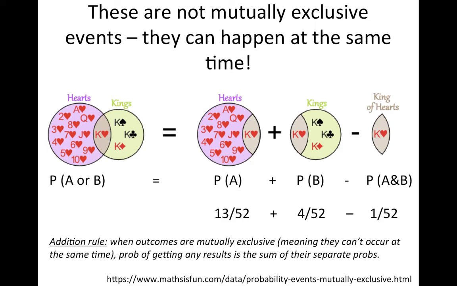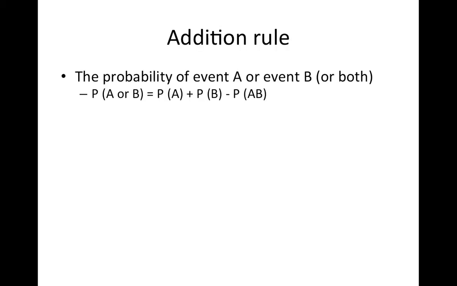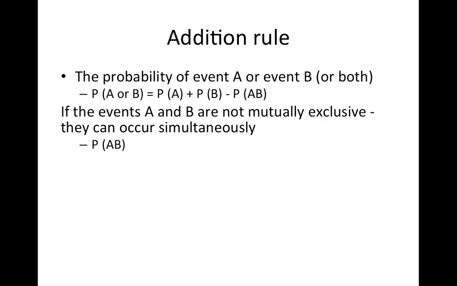This is called the addition rule. The probability of event A or event B, or both, is the probability of event A plus the probability of event B minus the probability of event A and B occurring at the same time. If the events A and B are not mutually exclusive, that is, they can occur simultaneously, we write this probability as P(A or B).